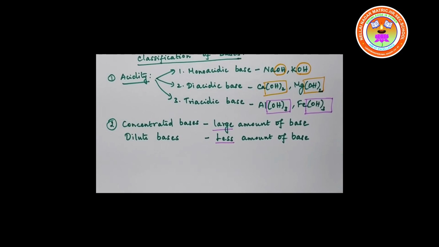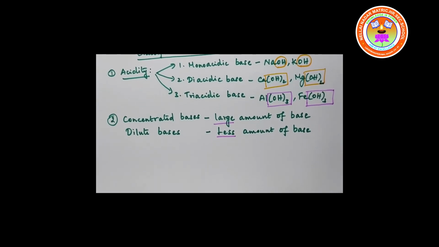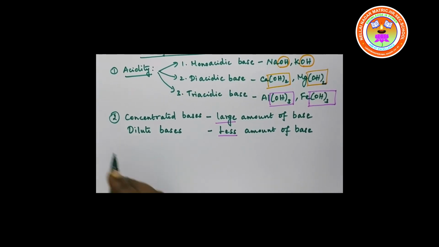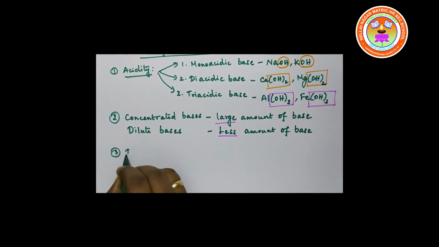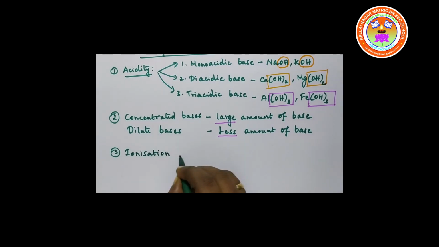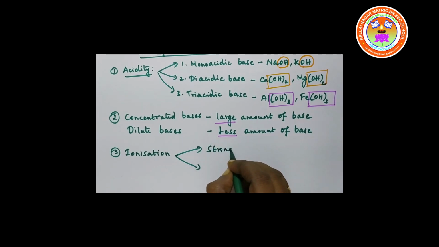Okay, children. The next classification is based on ionization. Based on ionization, they are classified as strong bases and weak bases.